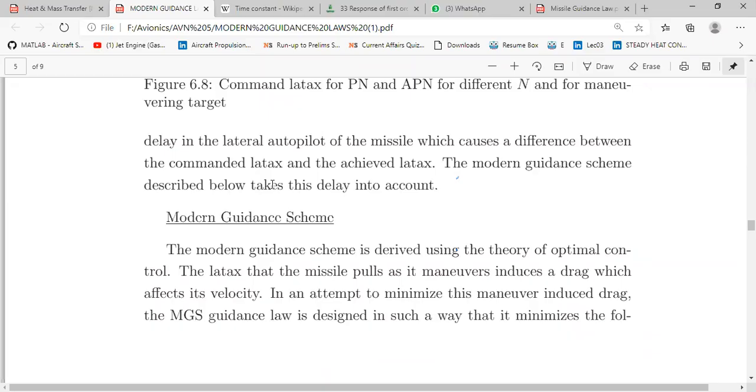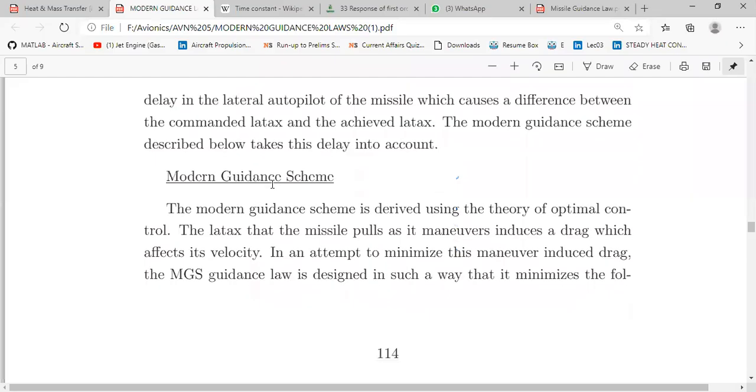Clear between APN and modern guidance scheme? APN is not considering the time delay by the autopilot system, but your modern guidance scheme is considering the time delay by the autopilot system. So it is very difficult to measure and maintain, but still we can derive it for modern guidance scheme. न्यूमेरिकल सबको क्लियर है यहाँ तक?